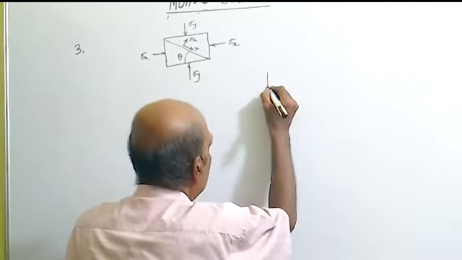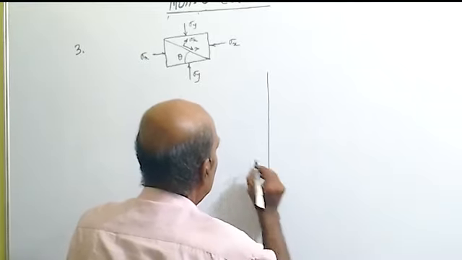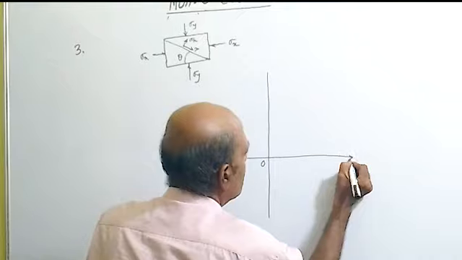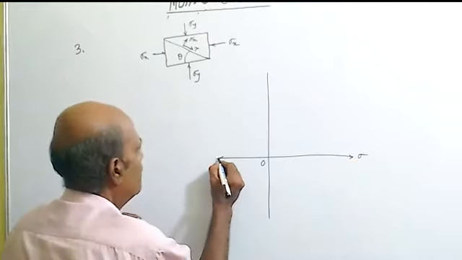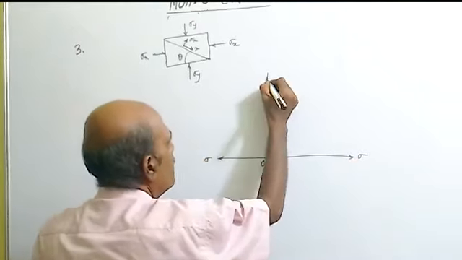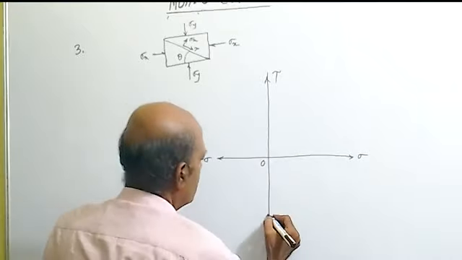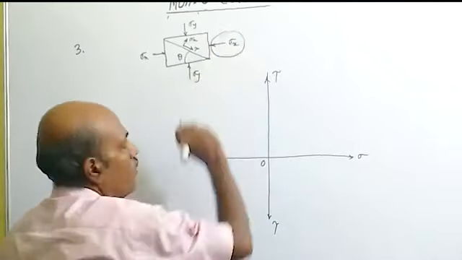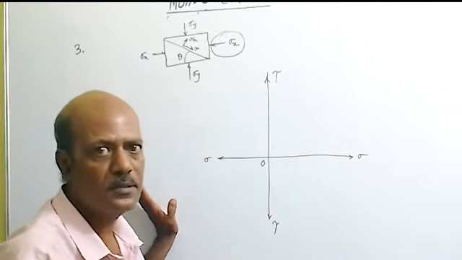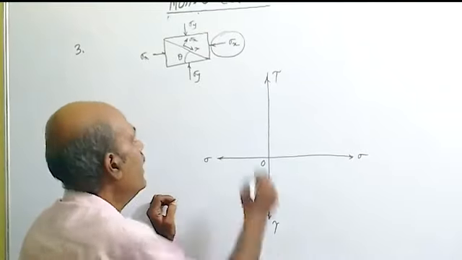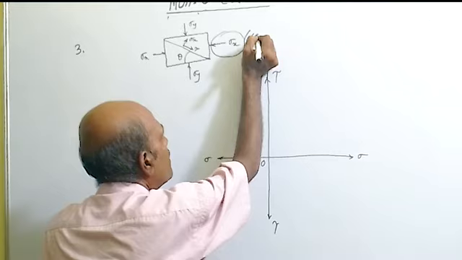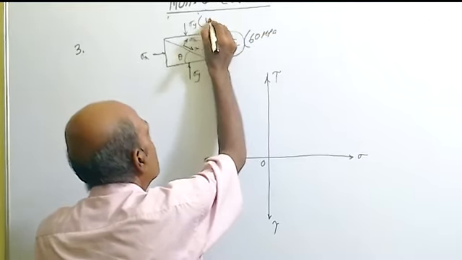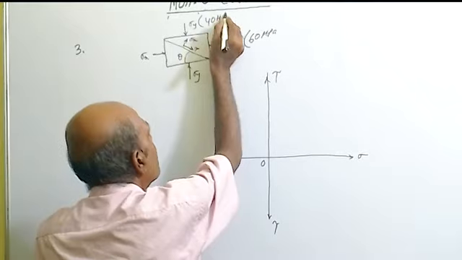So for this, draw the Mohr circle. This is the axis. Say this is your origin, the sigma axis, and this is your tau axis. Now go to the x face. What is the stress acting on this? Sigma x. Say we are giving this 60 megapascal and this is 40 megapascal.